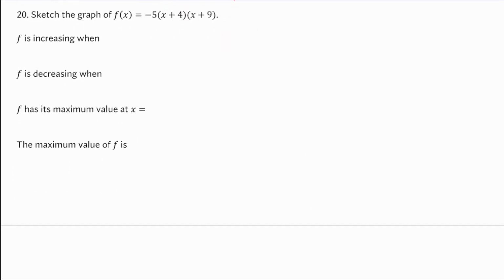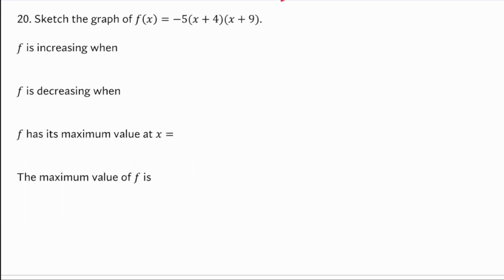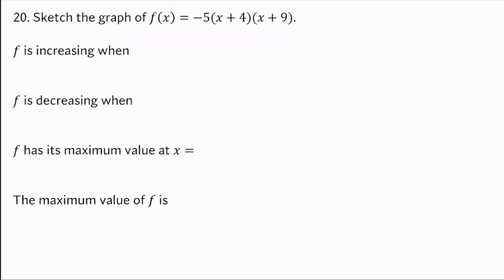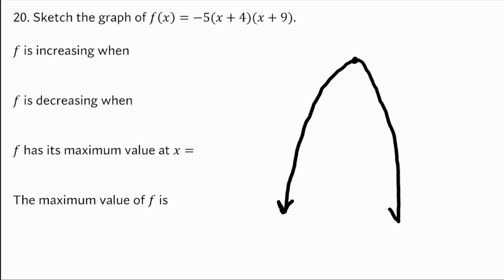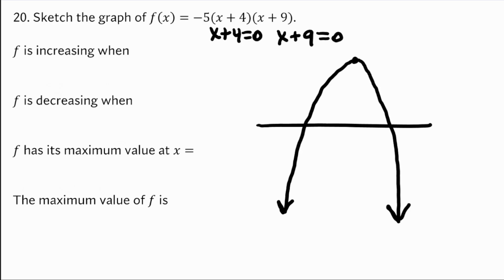Okay, now we're going to sketch the graph of one more. Okay, yeah, sure. This will be good practice for us. Let's make it a little bit bigger. Alright, so this is a parabola that's going to open down. And it's going to have intercepts at x equals, well, where x plus 4 equals 0 and where x plus 9 equals 0.